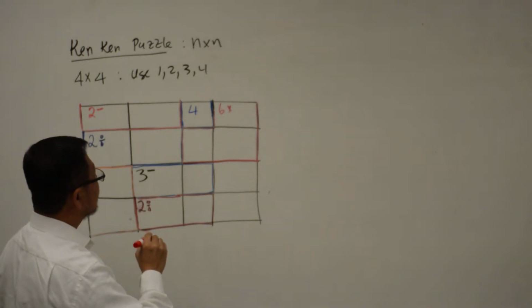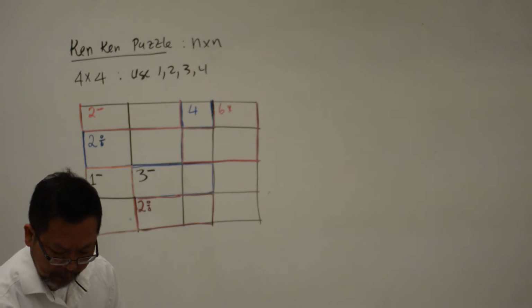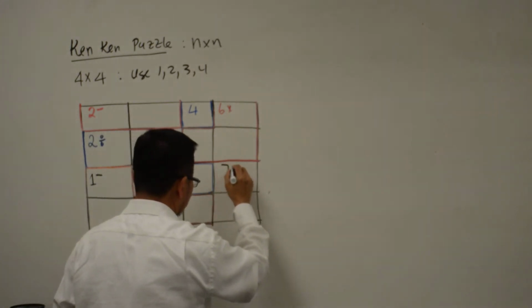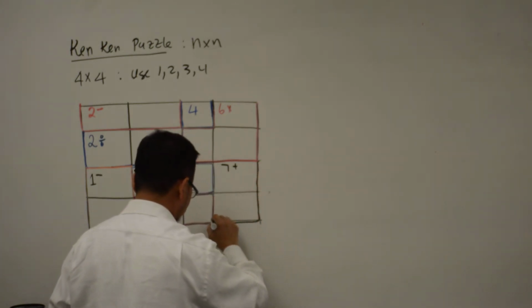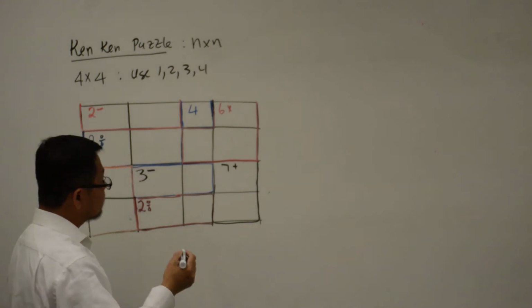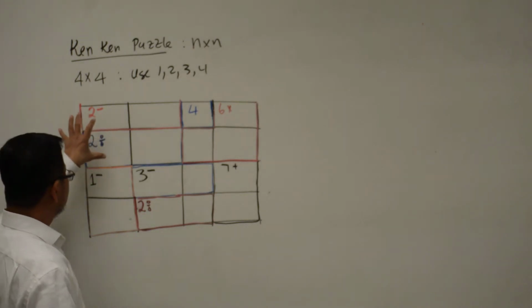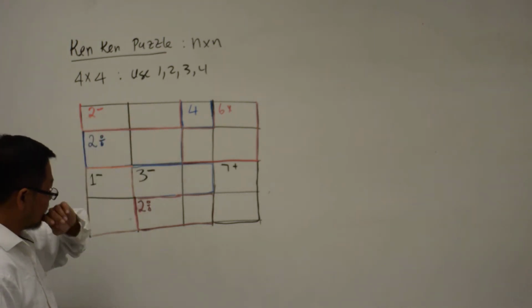Okay. Now we have 7, 7 plus here. Now let's look at it: we can use any number from 1 to 4 to find the number in the cage.